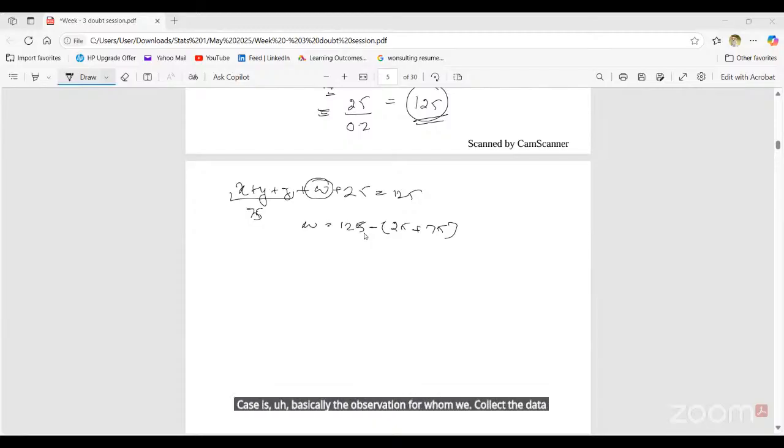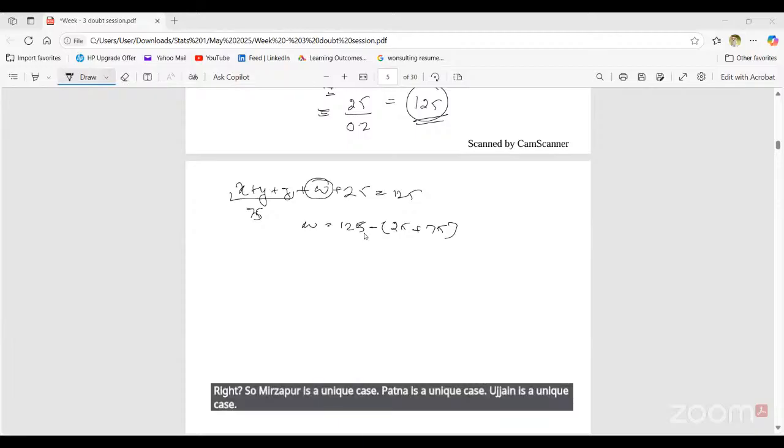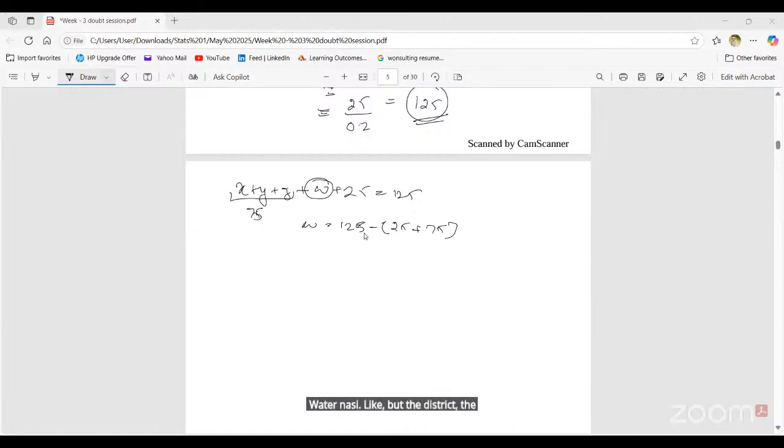We collected the data for Mirzapur, right? We collected the data for Patna. So what is a case? A case is basically the unique ID, the unique thing. So Mirzapur is a unique case. Patna is a unique case. Ujjain is a unique case. Varanasi, right? But the district, the whole column, is a variable. Okay, that's how it has a difference.